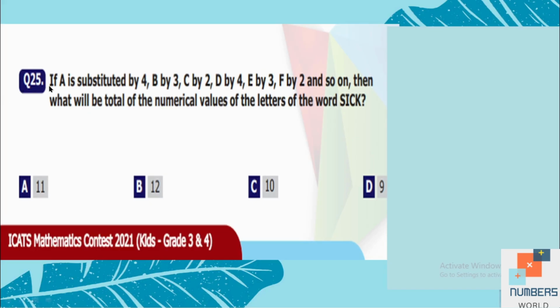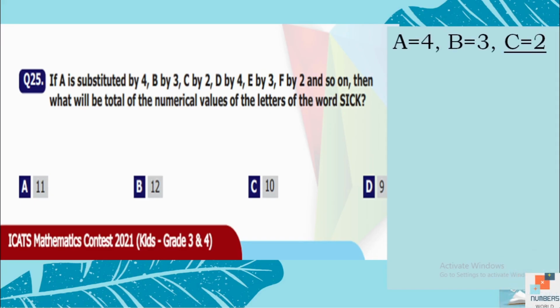Question number 25. If capital A is substituted by 4, B by 3, C by 2, and D by 4, E by 3, F by 2, and so on, then what will be the total of the numerical values of the letters of the word sick? So here we have to follow the pattern. If we continue the pattern, we will see that A is equal to 4, B is equal to 3, C is equal to 2.